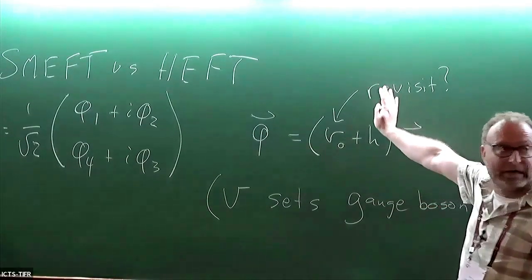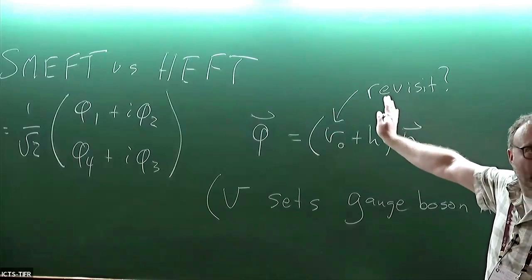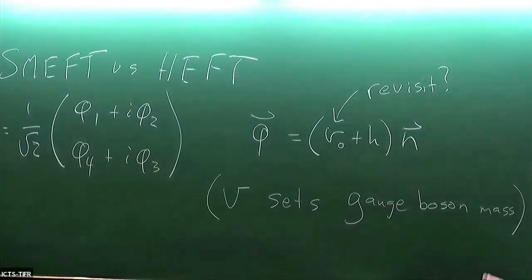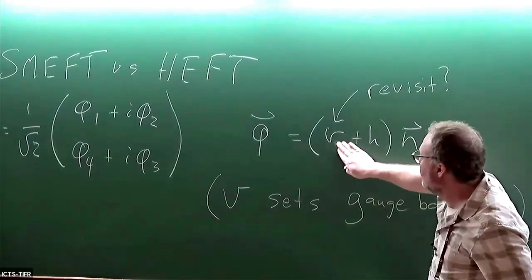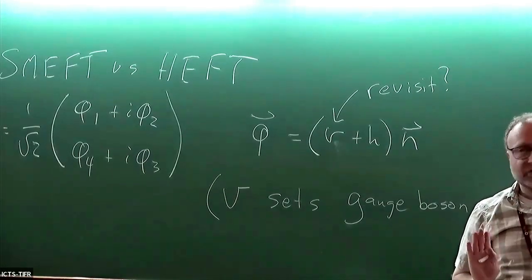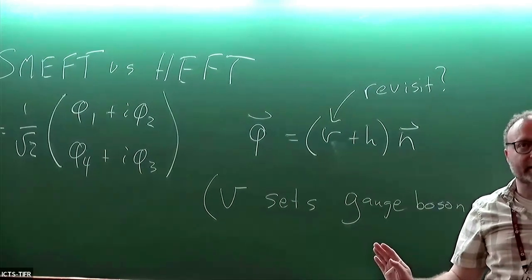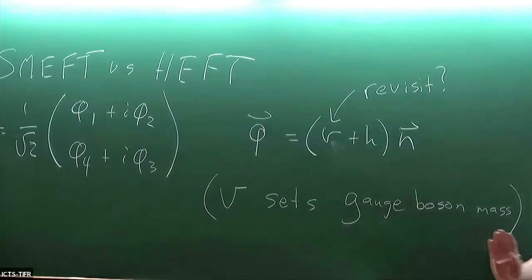We'll come back to this. I'm going to give you their argument later in the week. For now, I'm going to set v and v naught equal, just because I already have enough to write and enough opportunities to make typos. So I'm going to make my life simple and make those equal. If you want to see where all the v naughts go, you can go look at our paper or try to figure out the differences yourself.